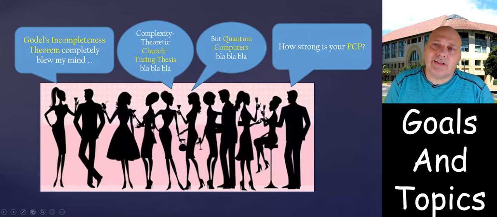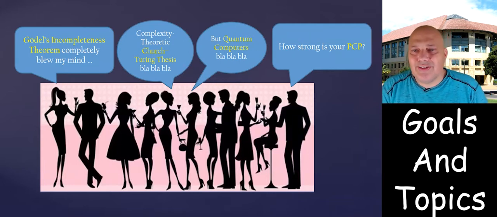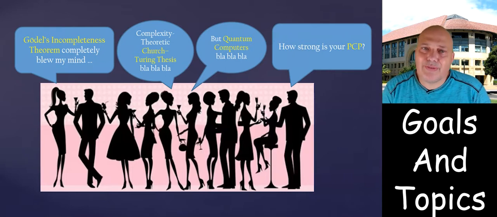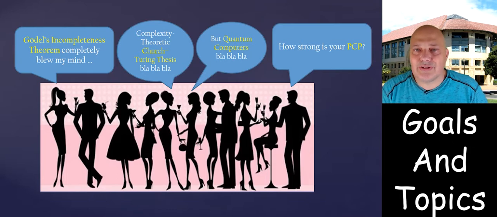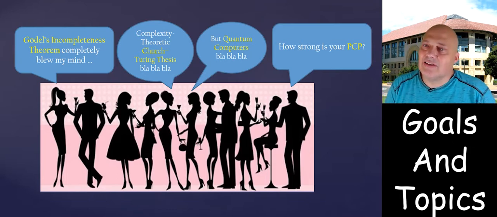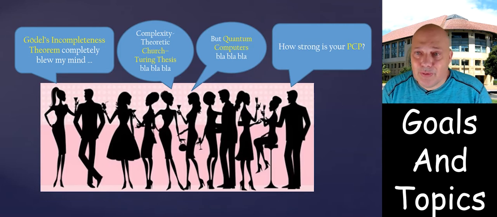And finally, I want you to get out of this class some basic understanding of some basic concepts. So imagine a very nerdish cocktail party. I want you to be prepared for it. Prepared to discuss the Gödel incompleteness theorem in a couple of intelligent sentences, to talk about the Church-Turing thesis or the complexity theoretic Church-Turing thesis, to understand something about quantum computations, and to have some experience with PCPs.